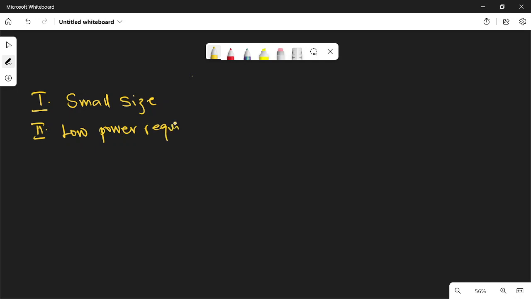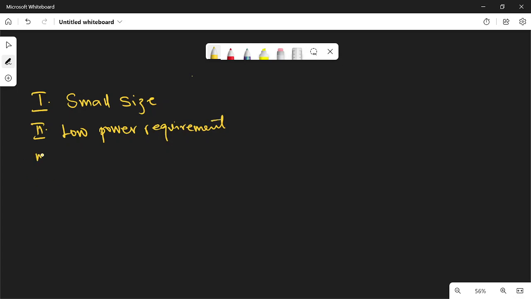Okay, so let's go to the next question. Roman figure 1, small size. Roman figure 2, low power requirements.